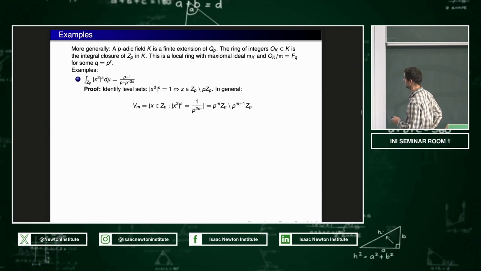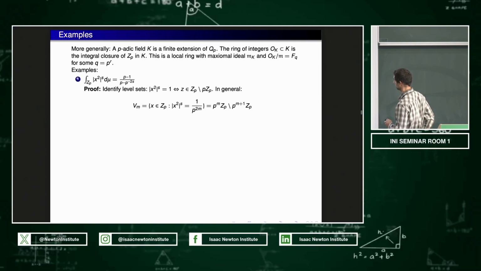So let's take, we want to integrate over Zp this function, norm of x squared to the s. So this is the p-adic norm. So how would you do this? Actually, identify the level sets. The level set for 1 is just where this norm is equal to 1, and it just means that x is this polynomial in p with a non-zero constant term.